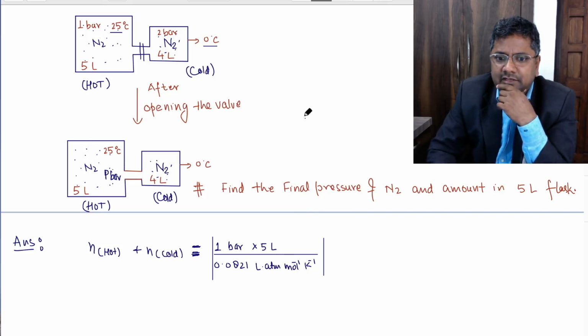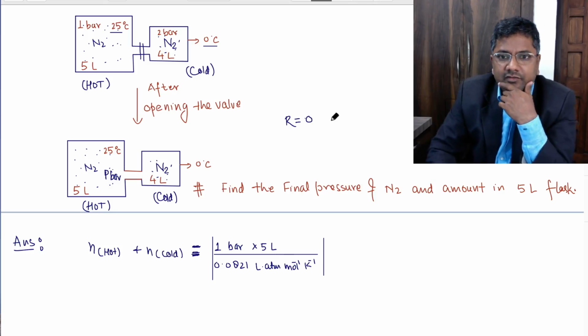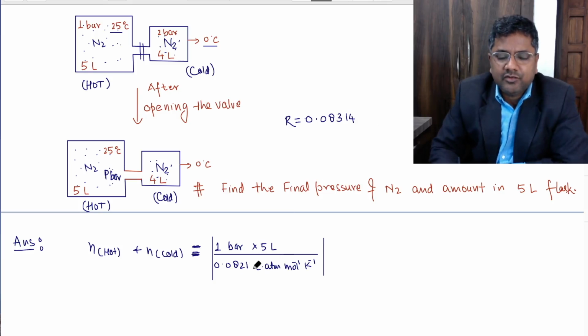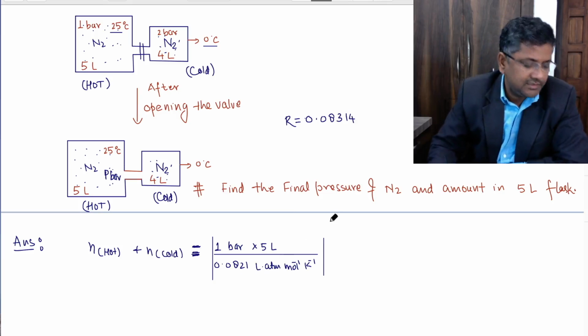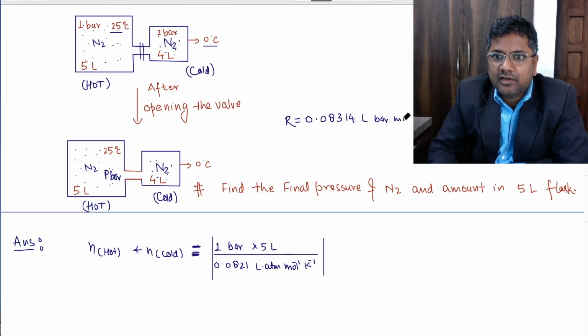I am giving you the value of R. R is equal to 0.0821 and 0.08314. This is liter bar per mole per degree Kelvin.